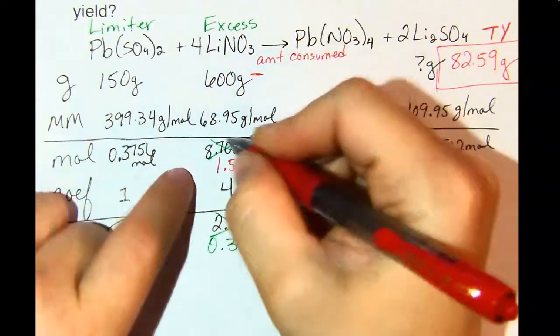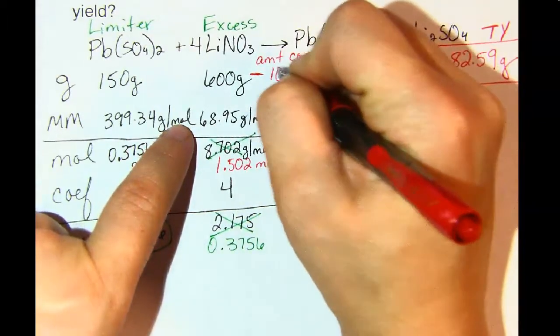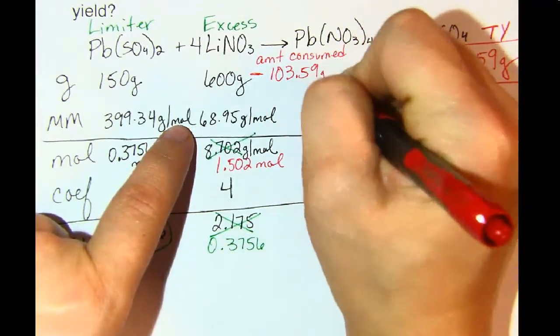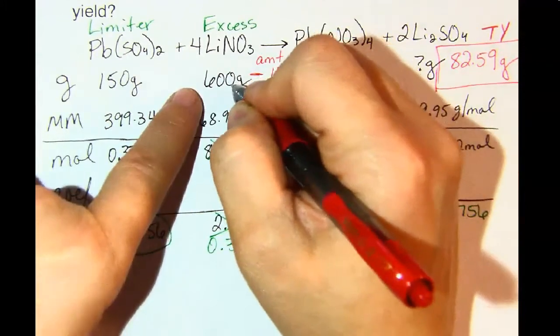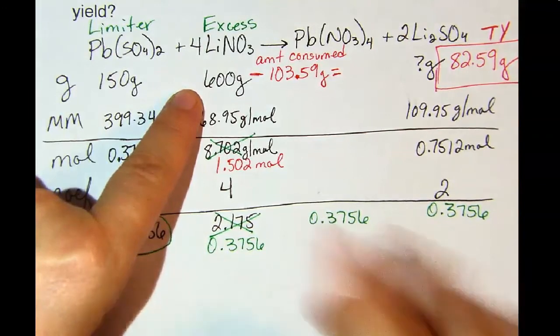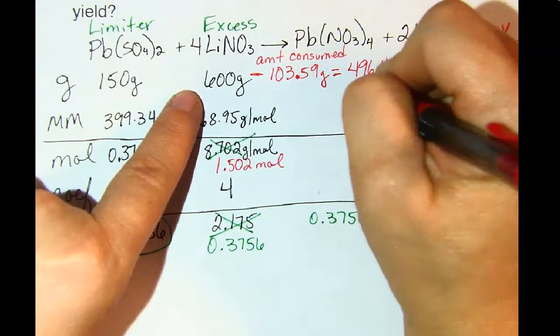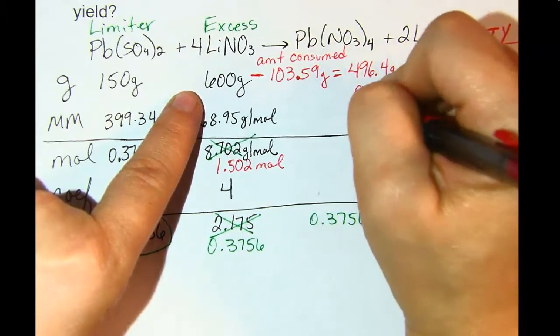And when you do 1.502 times 68.95, you get 103.59. That's how much we consume of the 600. So when I subtract them, I'm going to have my amount remaining, which is 496.4 grams of excess lithium nitrate.